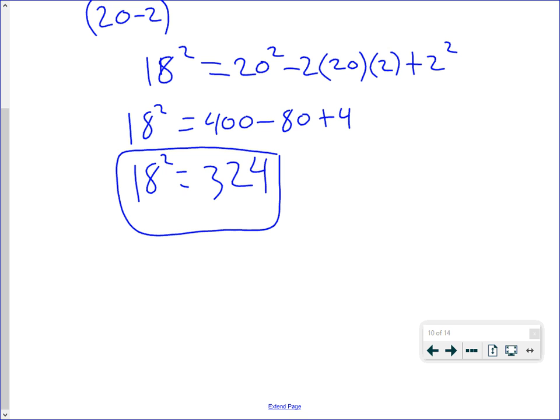So using that polynomial identity, we can get that 18 squared equals 324. All right? So that's how you use these polynomial identities to solve problems, and at the same time, how you use multiplication of polynomials and addition of polynomials to help you verify that these polynomial identities actually exist.